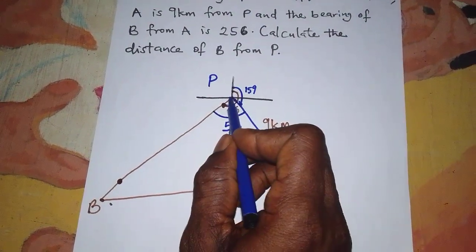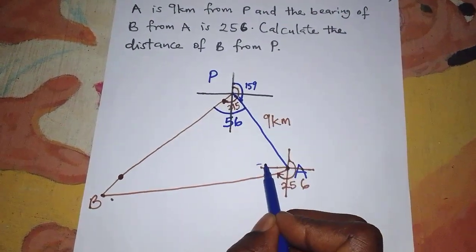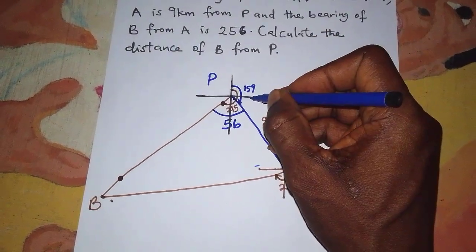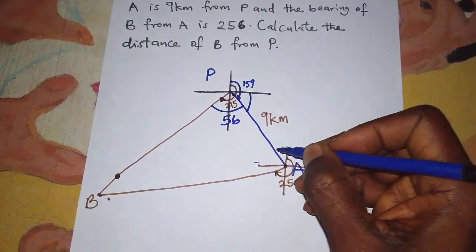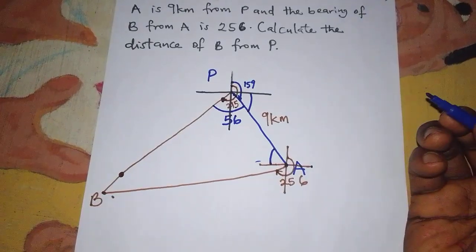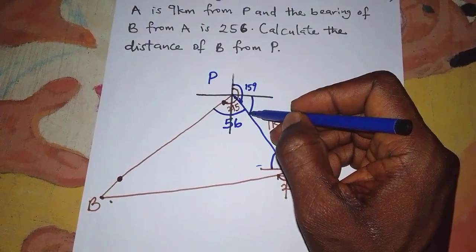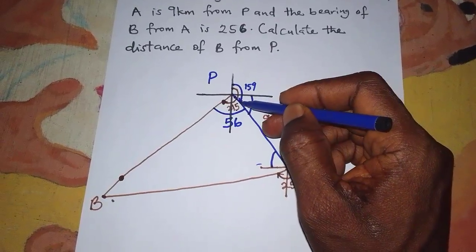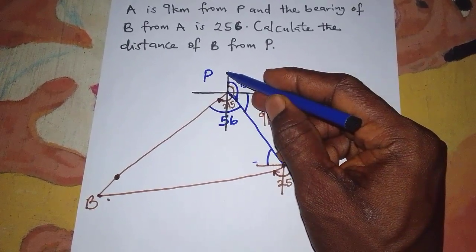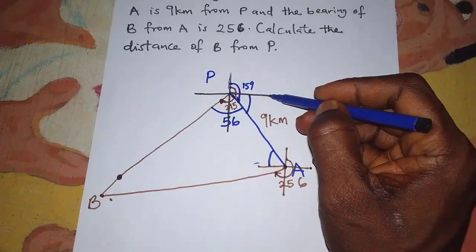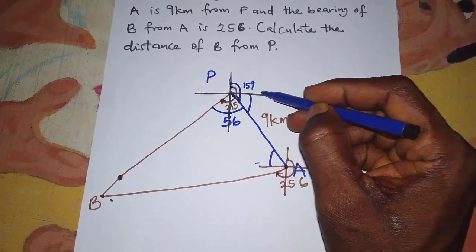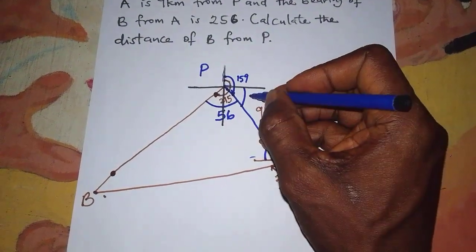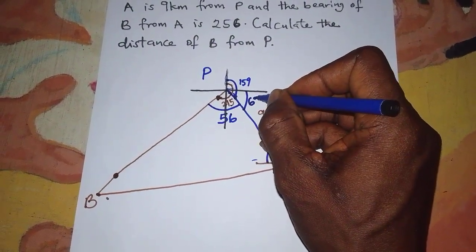Now, since this line and this line are parallel, the angle here and this angle here will be equal. How are we going to find the angle here? From north up to where this line is, is 159, and the first quadrant is 90. If you remove 90 from 159, you get 69. So the angle here is 69.